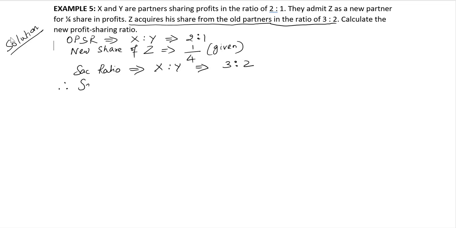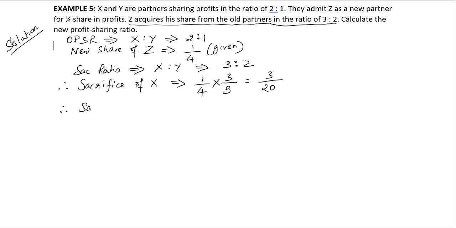So we can get the sacrifice of X as the total sacrifice, which is the share of Z, which is 1/4, into the sacrifice ratio of X, which is 3 divided by 5, which comes to 3 divided by 20.